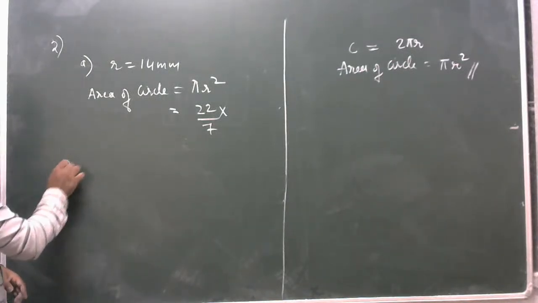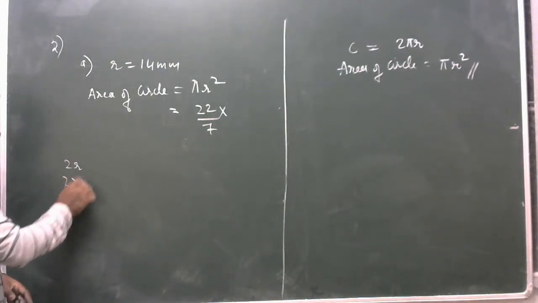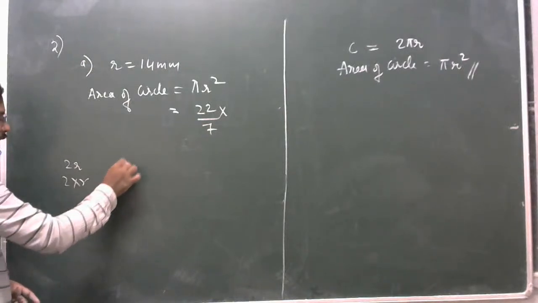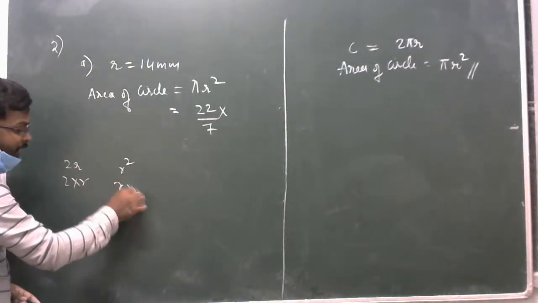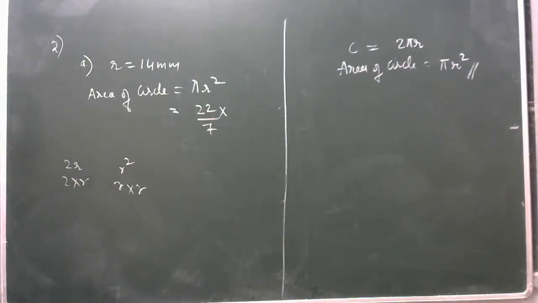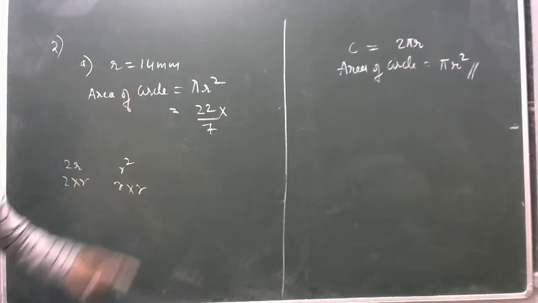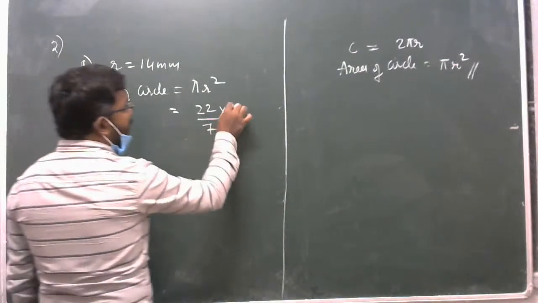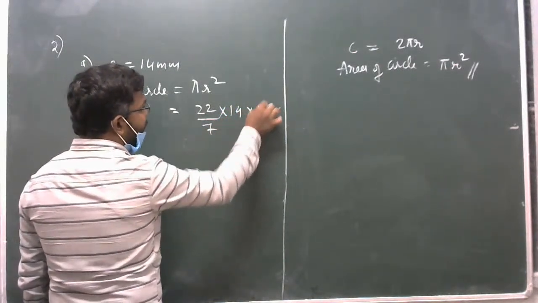If 2r is given, it means 2 into r. And if r square is given, it means r multiplied by r. r is multiplied 2 times. So what is your radius here? It is 14, so r square means 14 into 14.